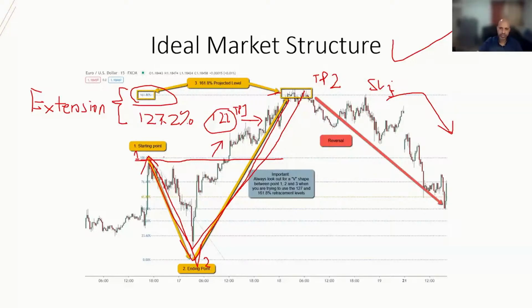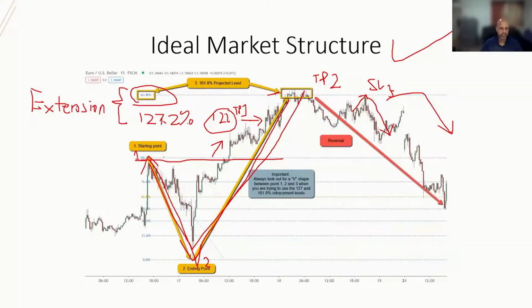Should price retrace back to the 161%, because we've kept our stop loss slightly above the extension level, it allows us to remain in the trade, and should price continue to drop lower, we can benefit from this potential short trade idea.